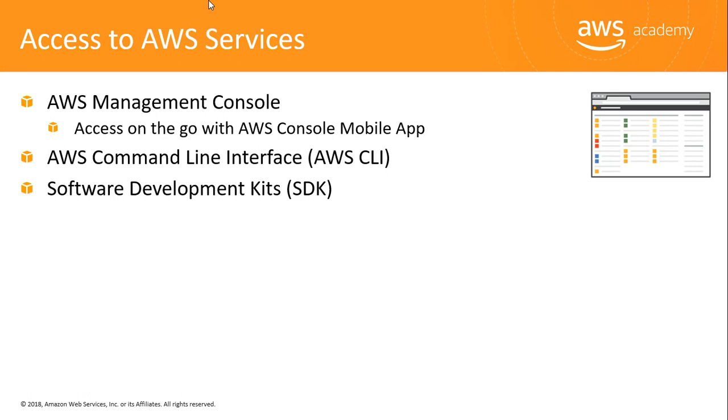There are only a limited set of operations which you can perform using the mobile app. Most of the operations, maybe I can say 90%, are done through the website, that is the AWS Management Console. That is one way of accessing the services.